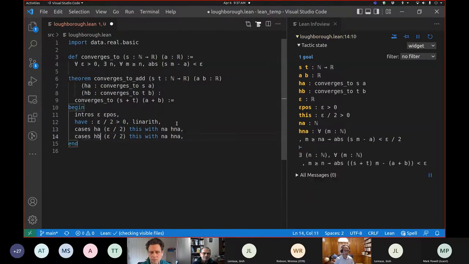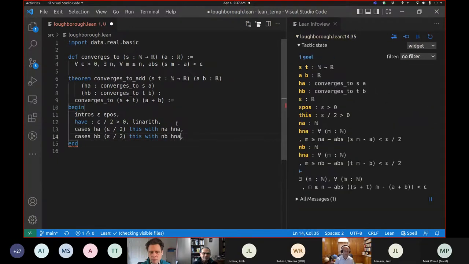And that was the B one. Okay. So my list of data and hypotheses is growing, but I have an NA, and for everything m greater than or equal to NA, the absolute value is small. And we have an NB, and for every m greater than or equal to NB, the absolute value is small.